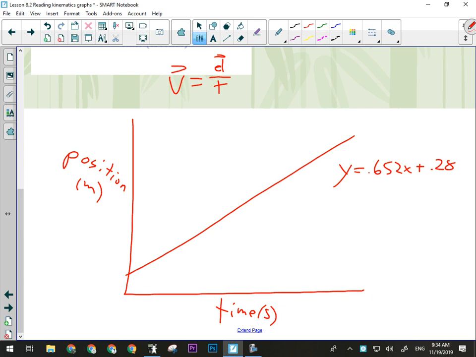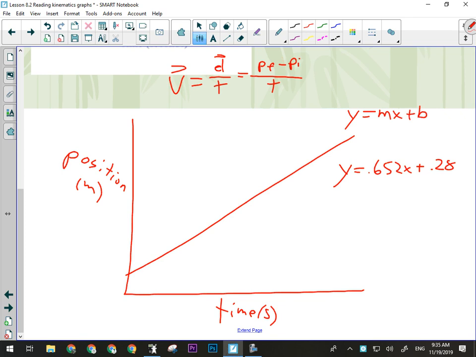velocity. So here's how this works. We calculate displacement by taking the final position and subtracting the initial position, and we divide that by time. If I set this up and I want to solve for the slope, remember that this is y equals m times x plus b.